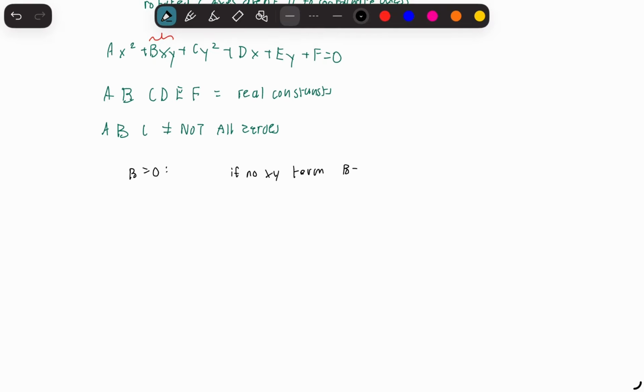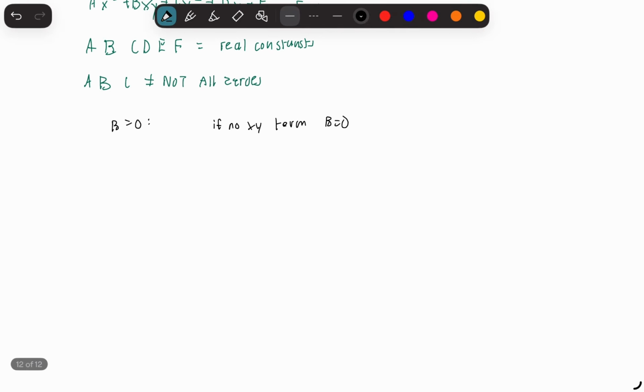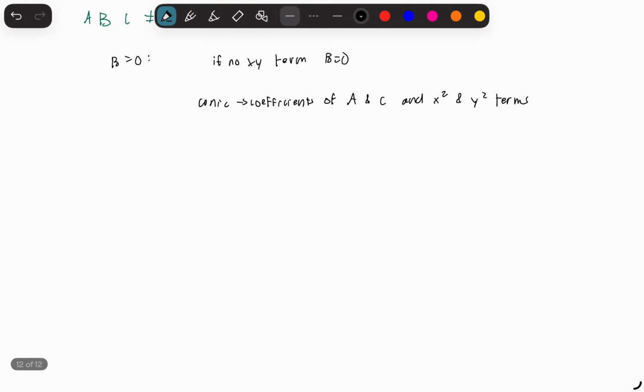Then you can identify the conic by looking at the coefficients of a and c, your x squared and y squared terms. You can write these rules down. For a circle, a is equal to c, and they have the same sign.